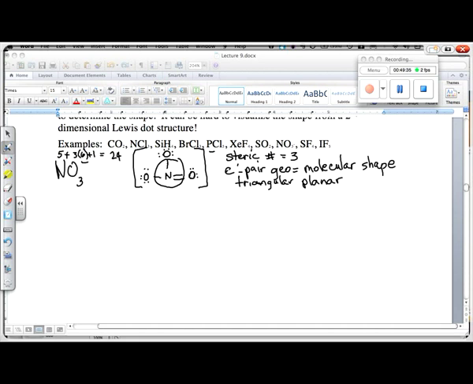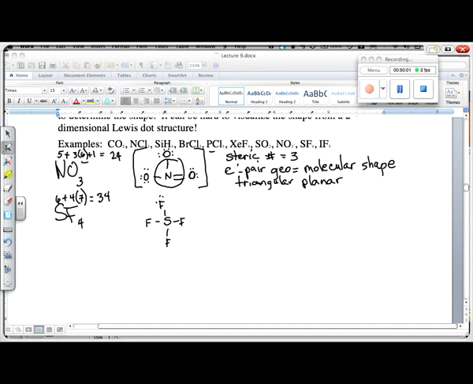All right, SF4. Counting electrons. 28 and 6 is 34. Sulfur in the middle. Connect the 4 fluorines with bonding dashes. Sulfur is fine.